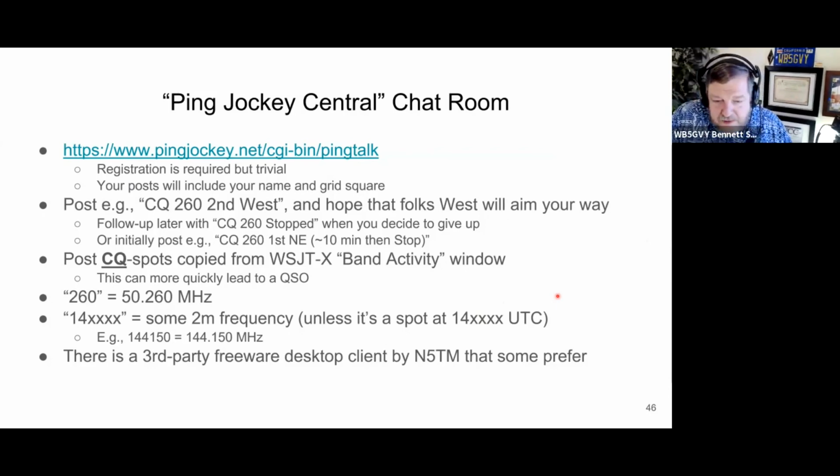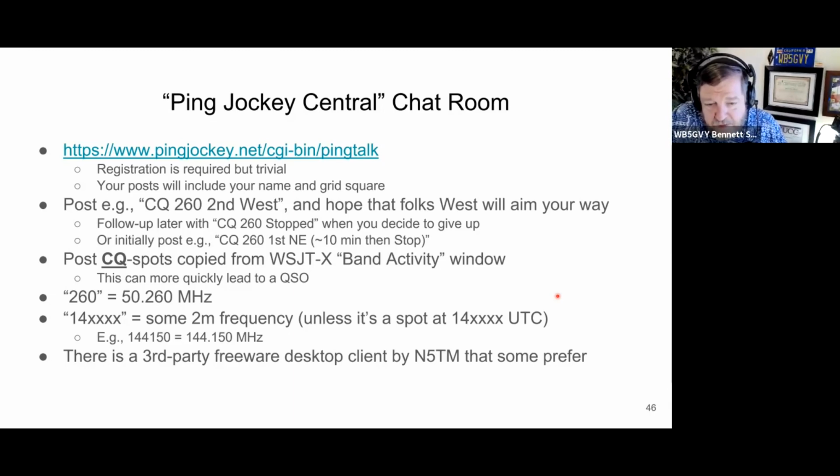The example of the way this is used is that if I'm going to call CQ and I've got my beam pointed to the west, then I'll just make a post on Ping Jockey that says CQ 262 2nd west. And people understand that I'm aiming west and then I'm on the second sequence.